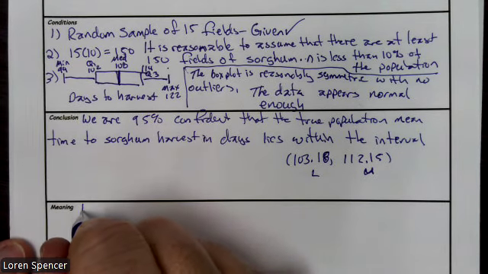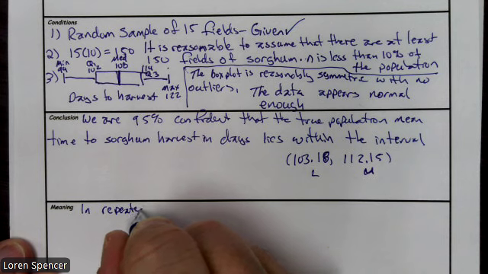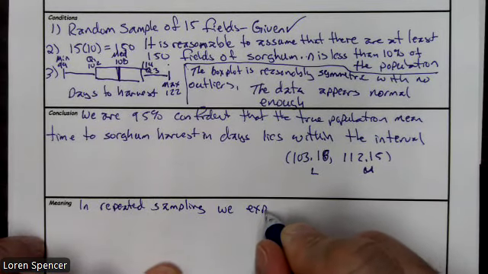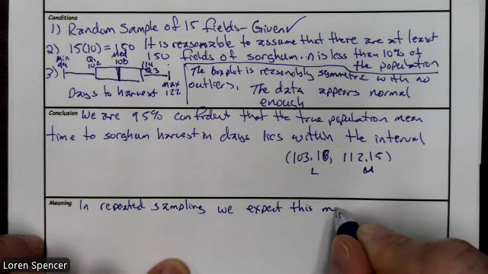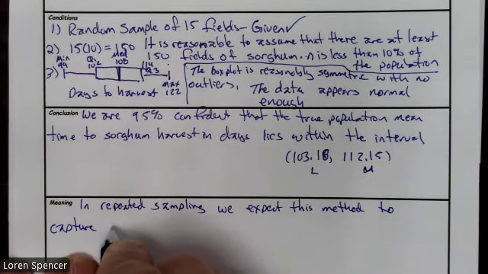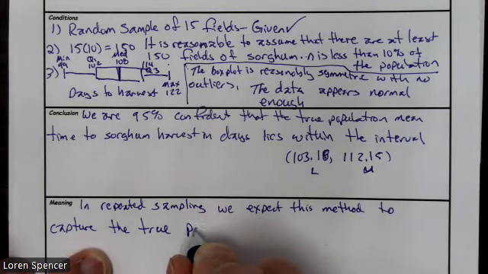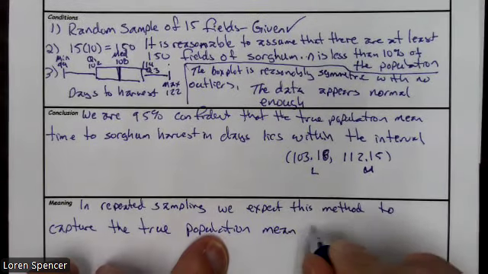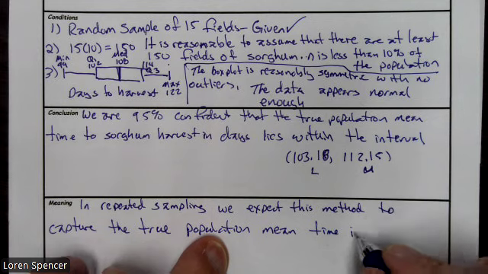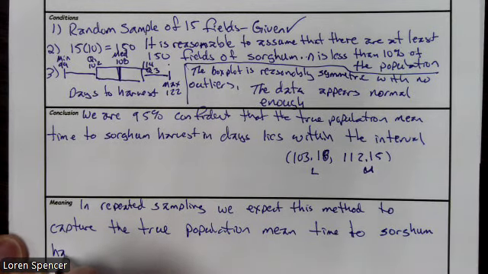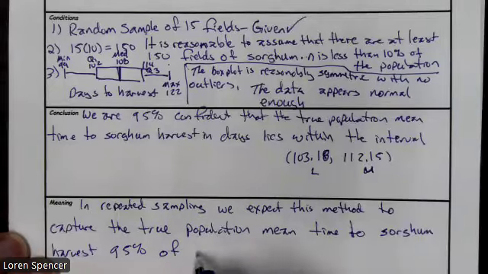And what that means is in repeated sampling, we expect this method to capture the true population mean time to sorghum harvest 95% of the time.